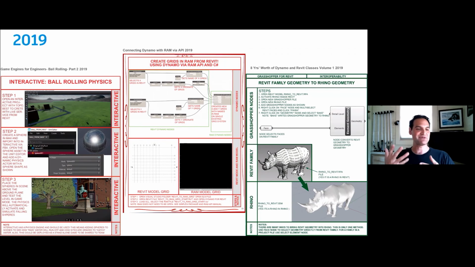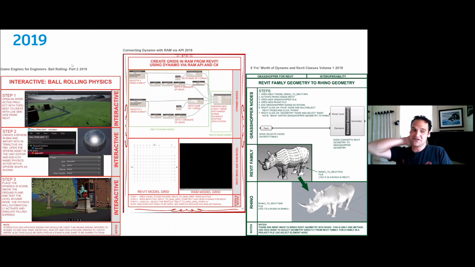To simulate rain, we dropped tens of thousands of little spheres all over the project. We watched them roll during the class in one direction. And sure enough, they slowly drifted over to the side of the culverts and then ran down the culverts. It was a lot of fun, some good quality control, but it doesn't mean you can't do quality control without having fun. Right? So that was part of the game engine physics.